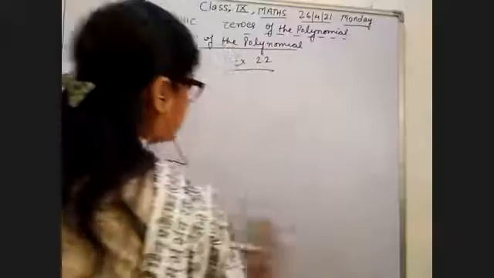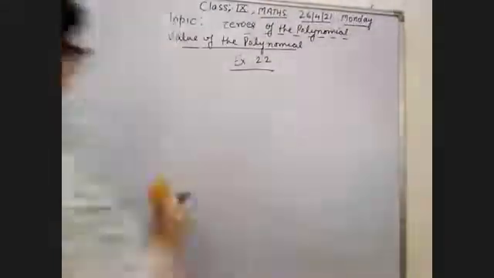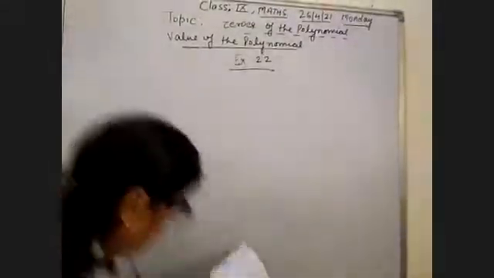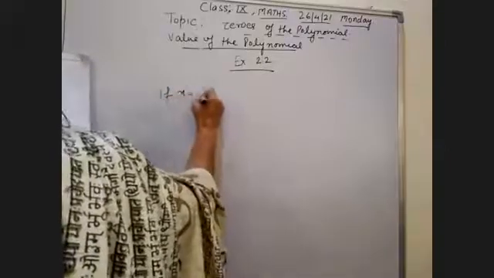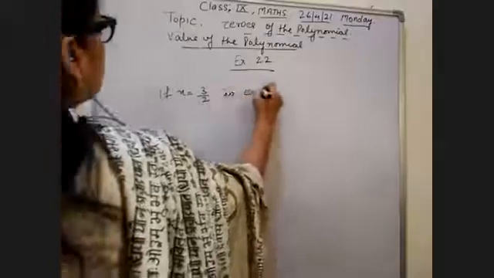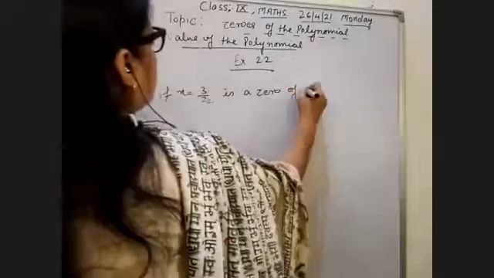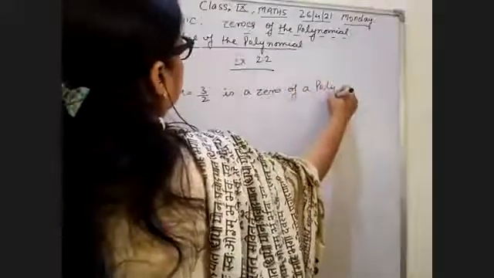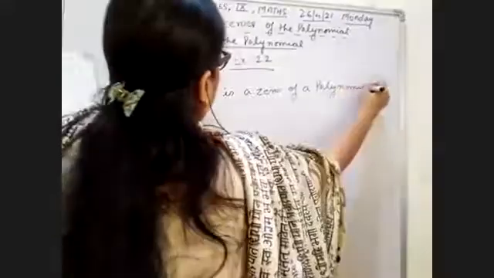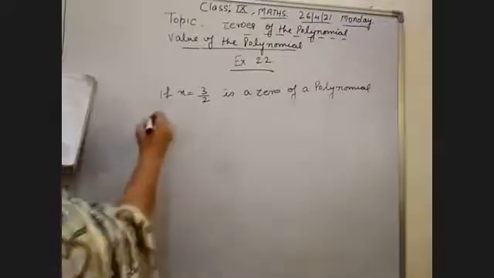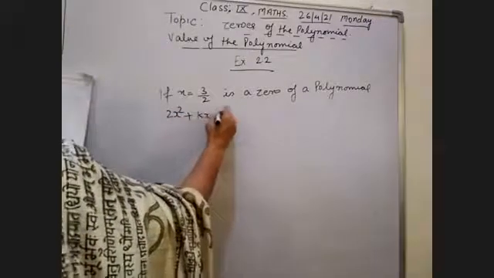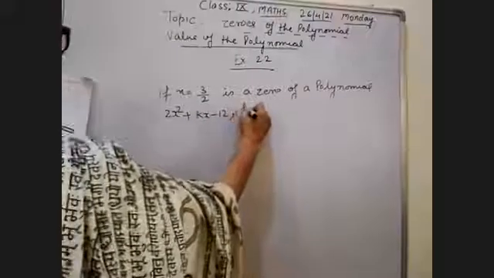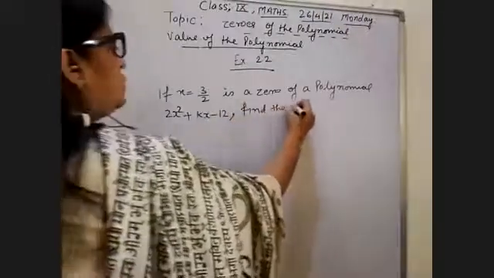Now an additional question I am taking. If x equals 3/2 is a 0 of a polynomial, write down this question: if x equals 3/2 is a 0 of the polynomial 2x square plus kx minus 12, then find the value of k.